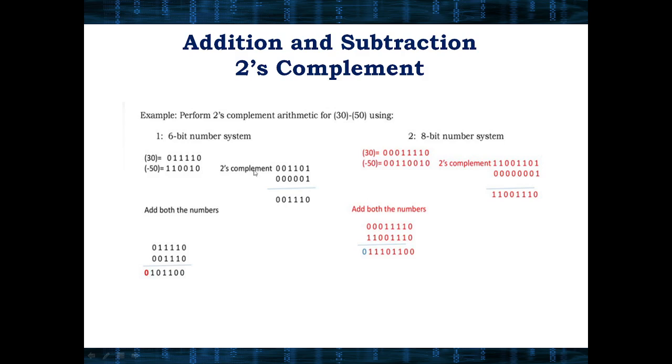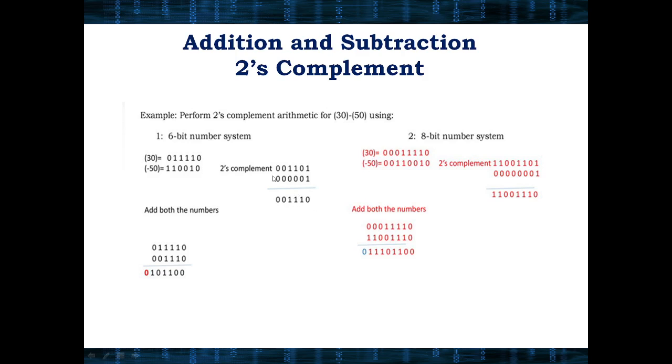So what you have to do is take the positive 50, then take the 1's complement of that, then add 1 to it. You will get the 2's complement value, that is 0 0 1 1 0 1. Then add that to plus 30, so you will get 0 0 1 1 1 0.